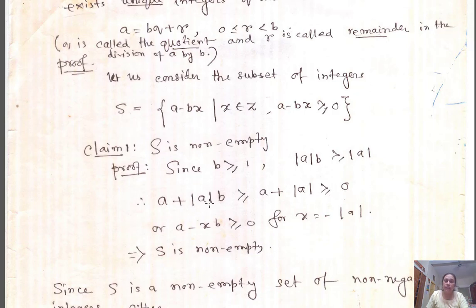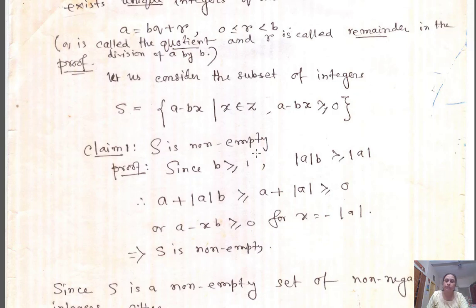So this is an integer greater than or equal to 0, and you can treat it as an element of the form a minus bx, where x is minus mod a. So this integer is of this form and it belongs to S.